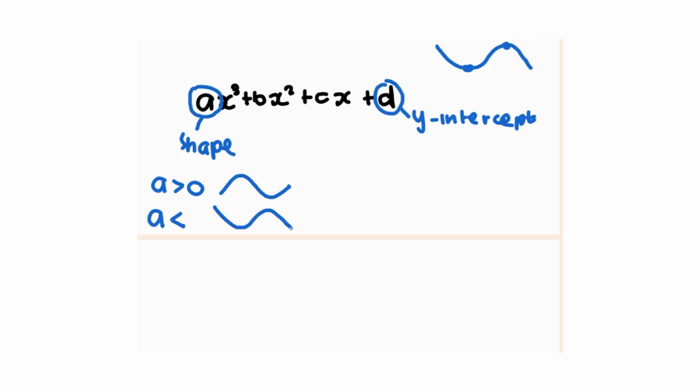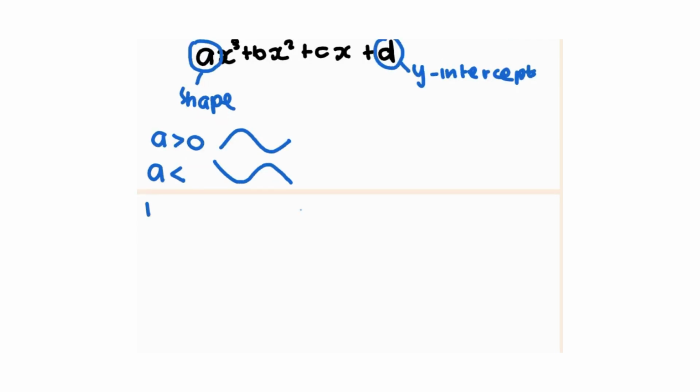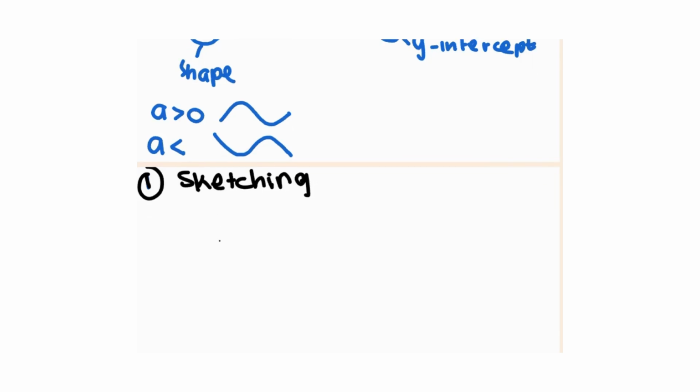And I'm going to highlight a few things that you need to sketch a graph. The first thing we're going to focus on is sketching a cubic graph, and there are a few coordinates that you need to work out. The first one is your shape. Your a is going to tell you the shape of the graph.